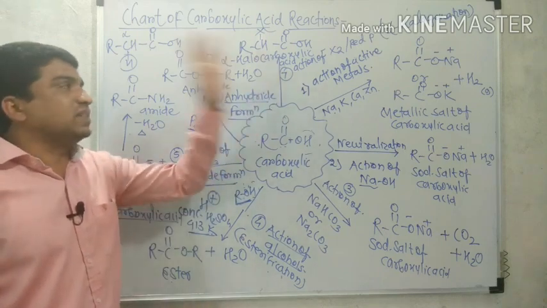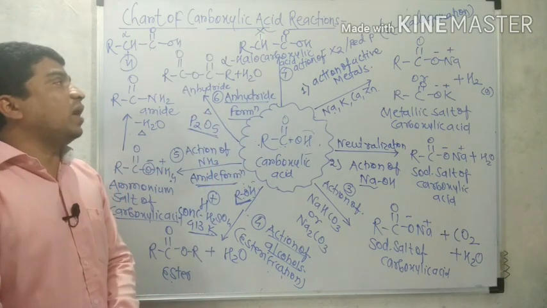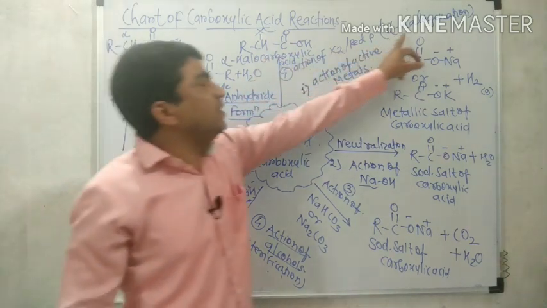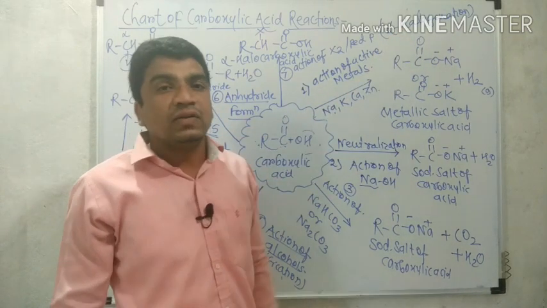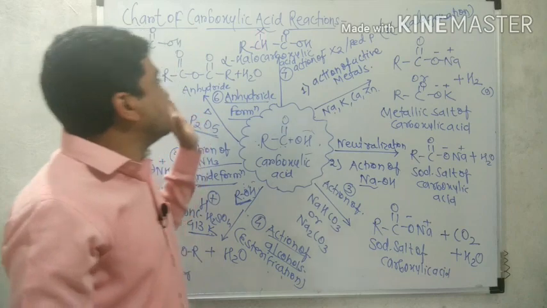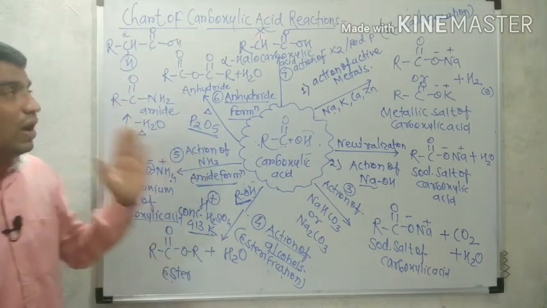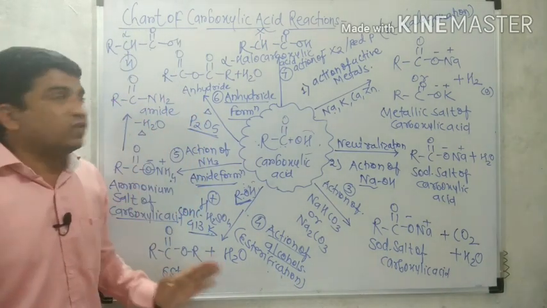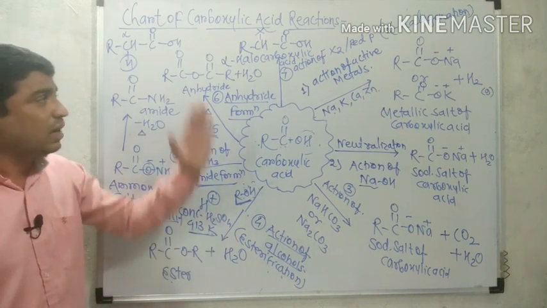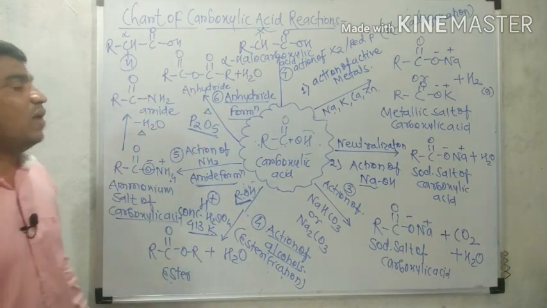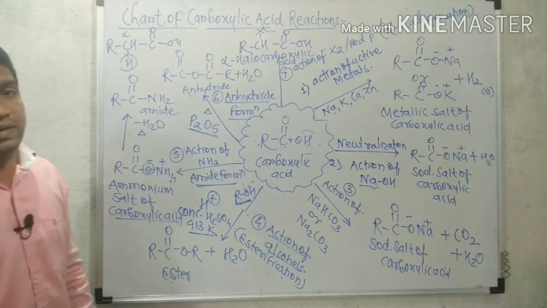Therefore, this reaction gives the product alpha halo carboxylic acid. Hence, the reaction is called alpha halogenation reaction. So, that is our reaction number 7, action of halogen in the presence of red phosphorus, also called alpha halogenation reaction, because the reaction gives alpha halo carboxylic acid.